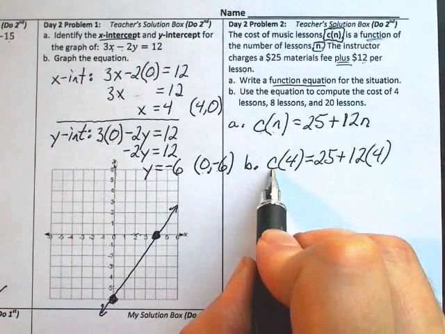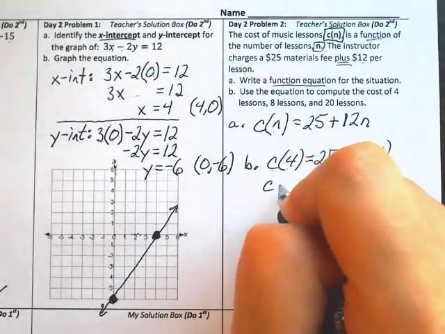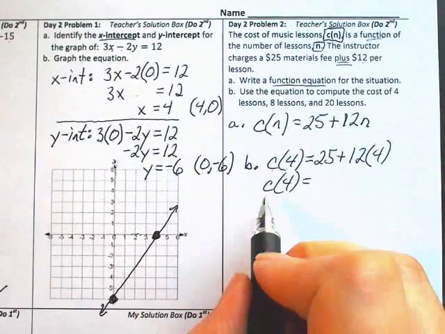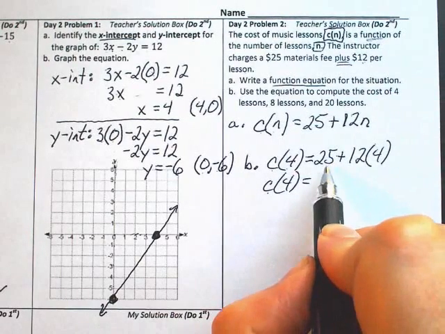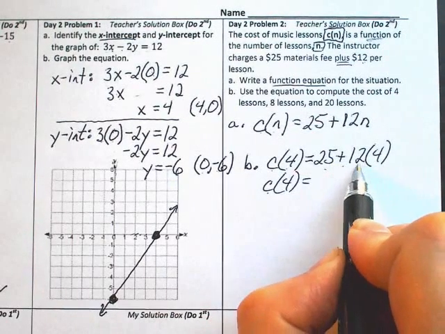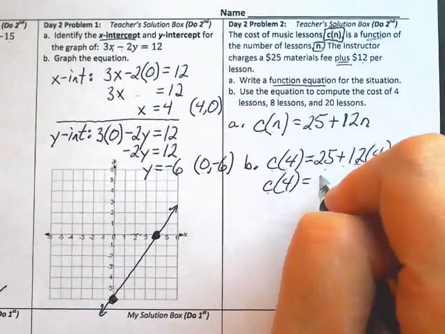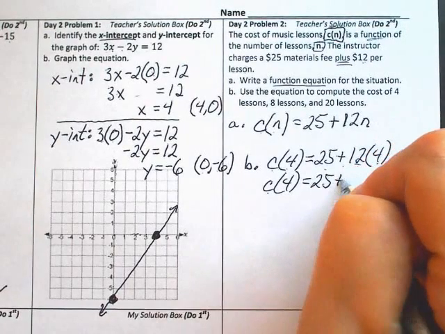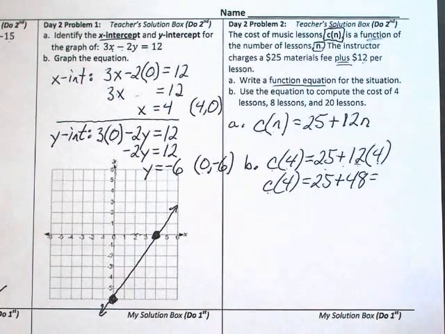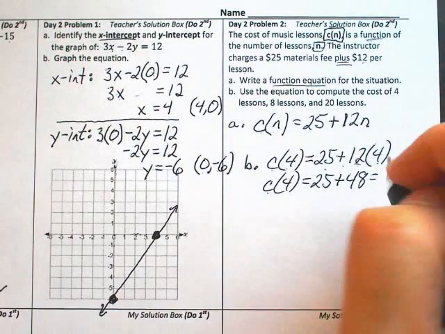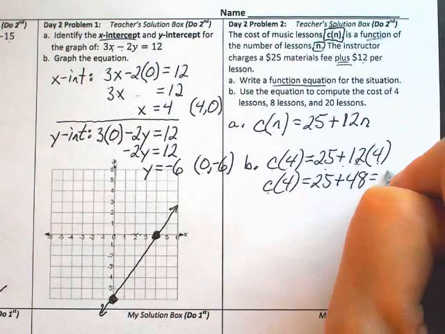Okay? So C of 4, which means the cost of 4 lessons, is equal to 25 plus 12 times 4. So that is 25 plus 12 times 4 is 48, and 25 add 48 is $73.